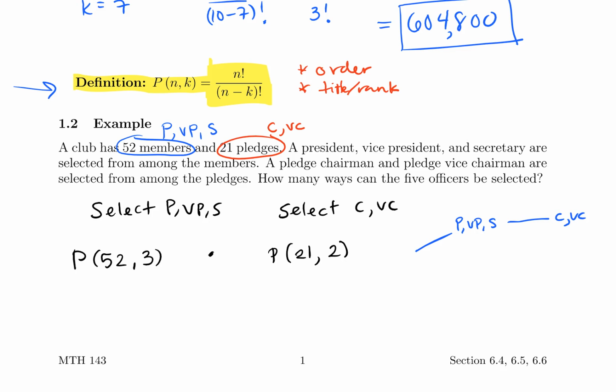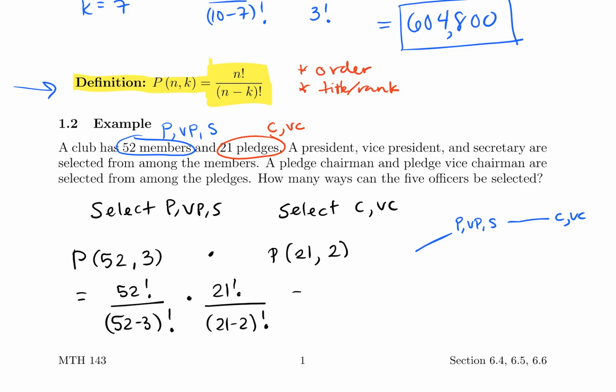So for the president, vice president, secretary, we have as factorials 52 factorial divided by 52 minus 3 factorial. And then for the chair, vice chair, we have 21 factorial divided by 21 minus 2 factorial.